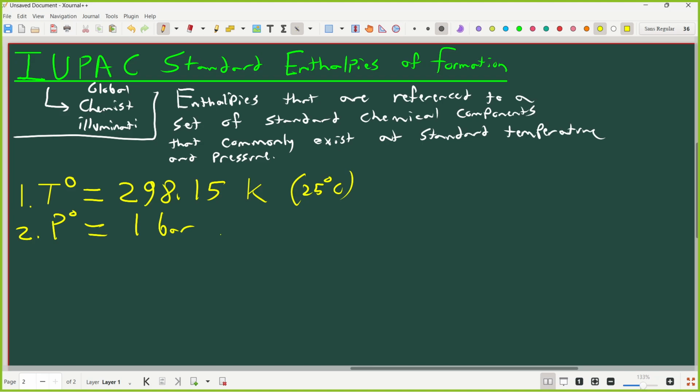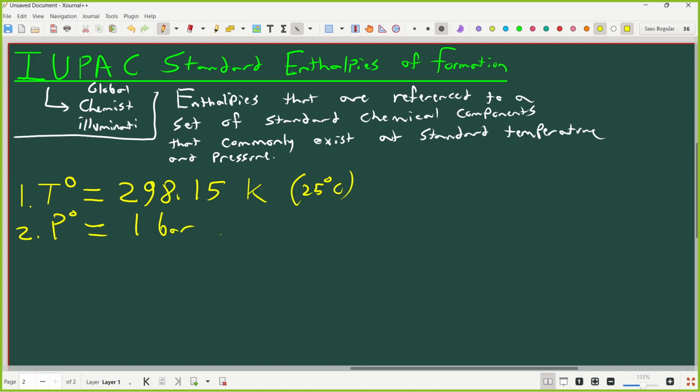So what we're going to do is have a standard set of chemical components, think the fundamental building blocks of chemistry, and we're going to define their enthalpies exactly. Everything more complicated that's built from those standard atoms and molecules is relative to these standard enthalpies, standard materials.